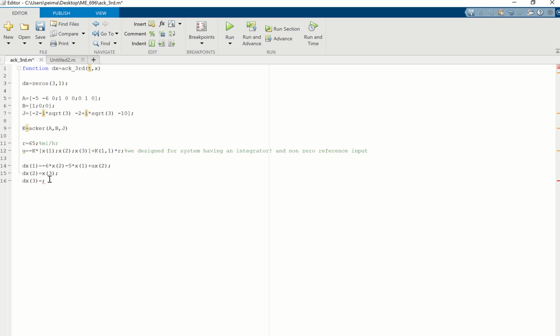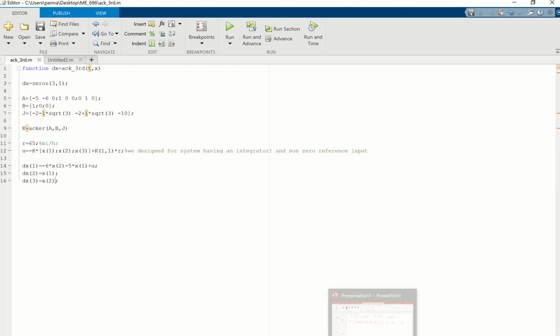Minus 5x1, minus 6x2, and there's no x3, plus u. Your x dot 2 is going to be x1, and your x dot 3 is going to be x2. Here we go.